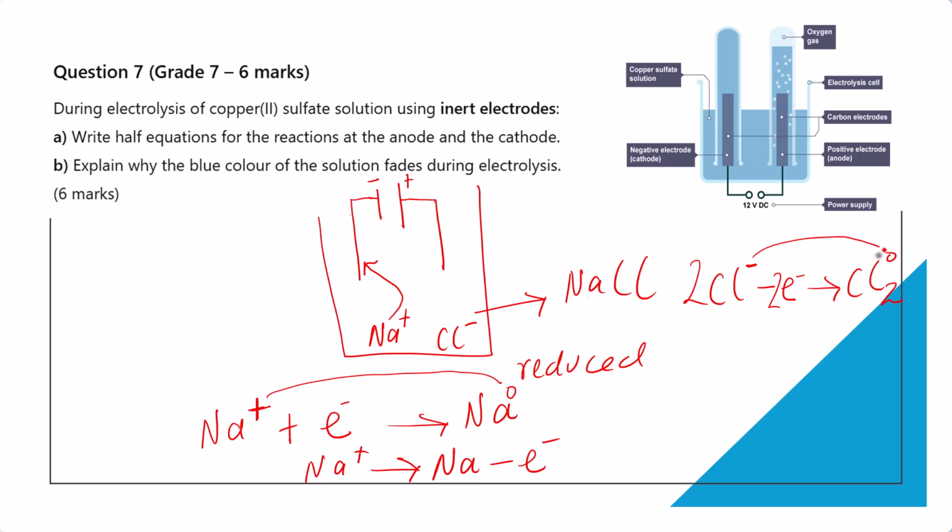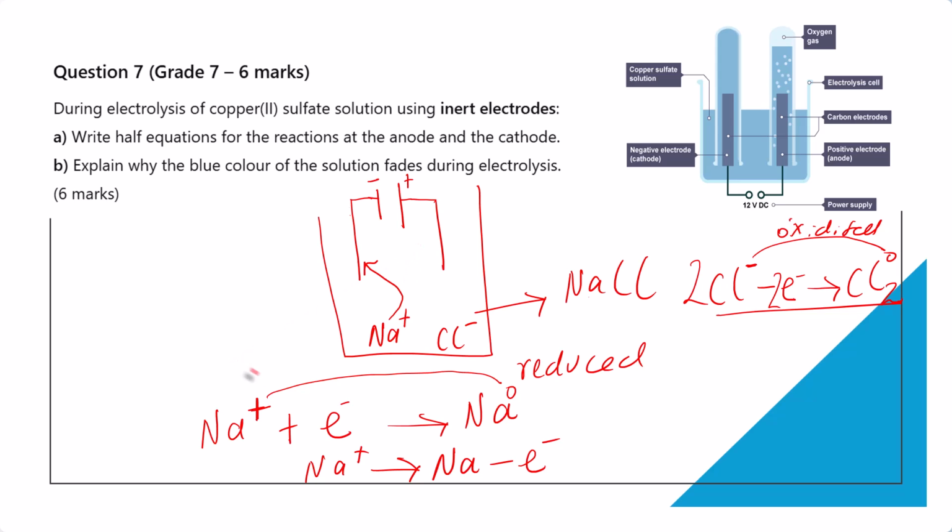And if you're going up, we say you've been oxidized. But you see that is losing an electron. So when an atom or ion loses an electron, we say that's being oxidized. The number goes up from negative to 0. So this is what's happening at the anode.